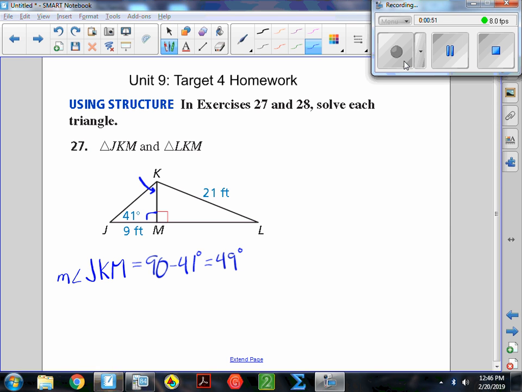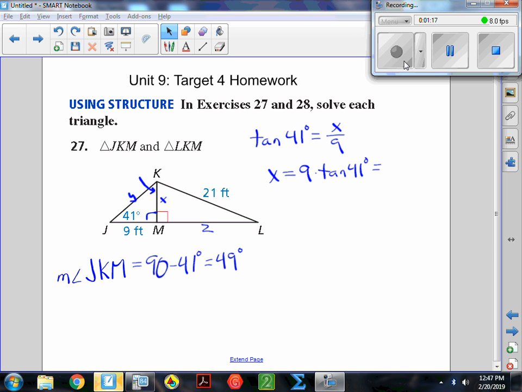I could put some letters out here to make this a little bit easier to work with. I'm just going to use maybe X, Y, Z, and go from there. So using the triangle on the left, I could say that the tangent of 41 degrees is equal to X over 9. So X is going to equal 9 times tangent 41 degrees.